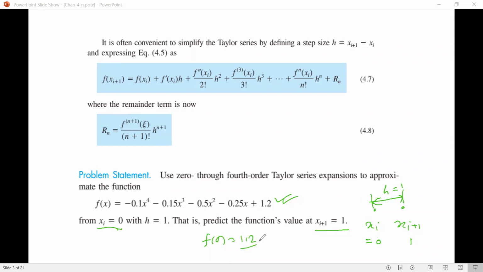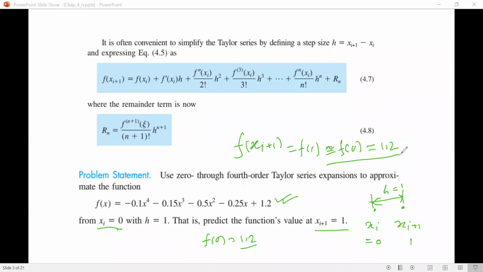So if we have, for example, our zeroth order approximation, then your f of xi plus 1, which is f1 in this case, would be equal to f0, and that is equal to say 1.2.